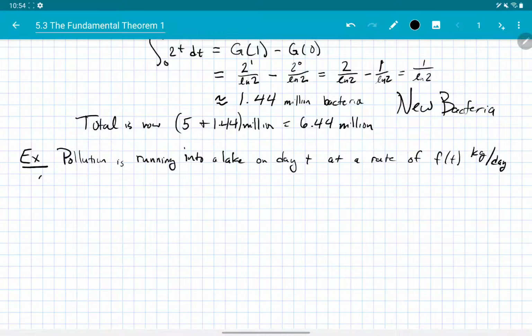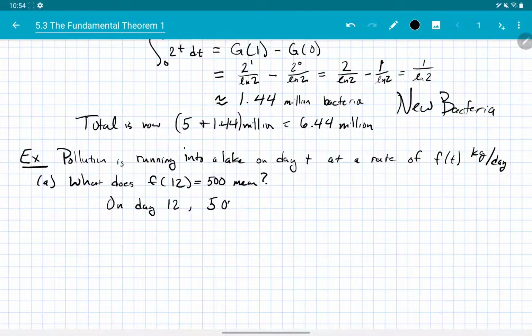So one question we could ask is, what does little f of 12 equals 500 mean? Well, little f is the rate that pollution is running into the lake at that day, and little f of 12 equals 500 means that on day 12, 500 kilograms of pollution is entering the lake.